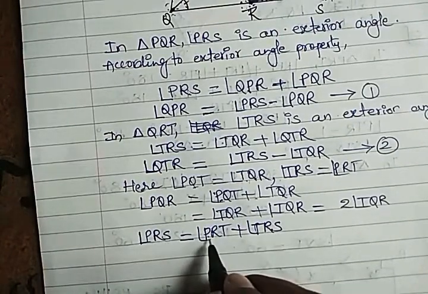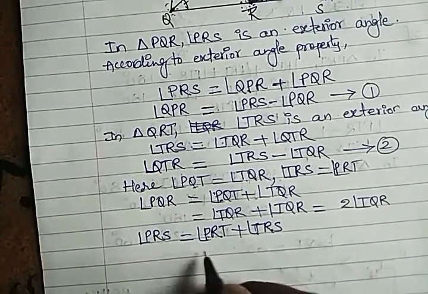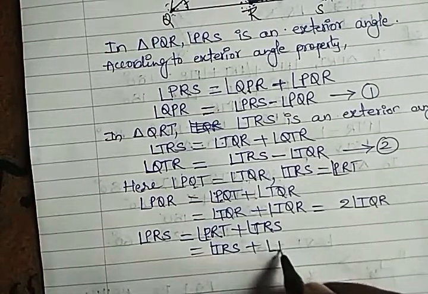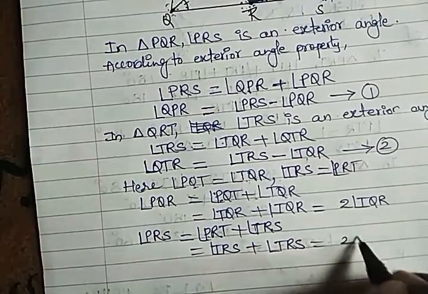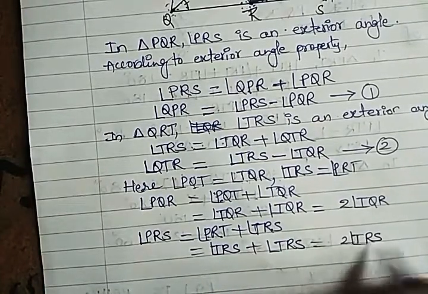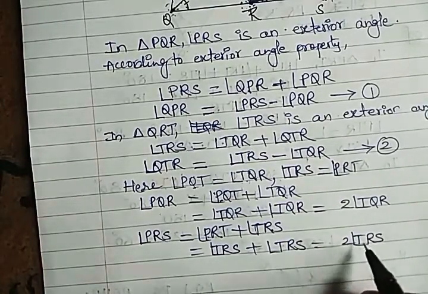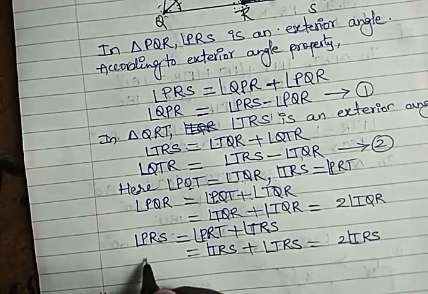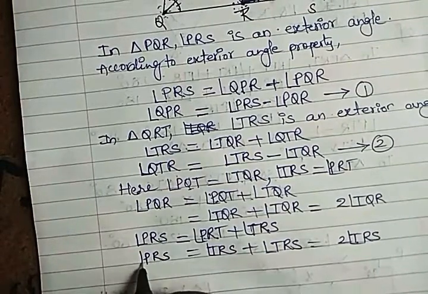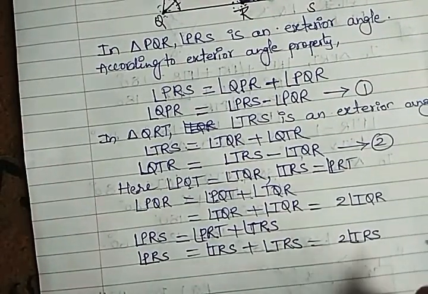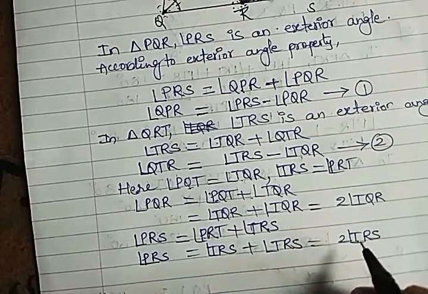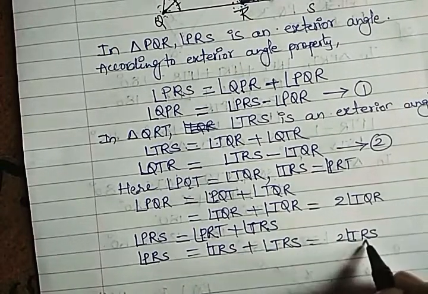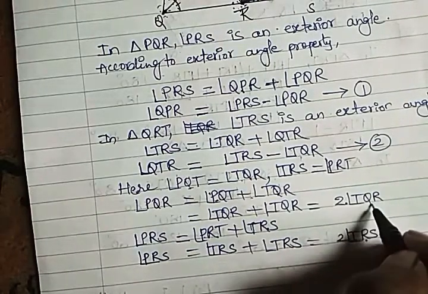So in place of PRT, I'll write TRS only. Again TRS plus TRS, so it is equal to 2TRS. Okay, so PRS is equal to 2TRS. Now here we have 2TQR.